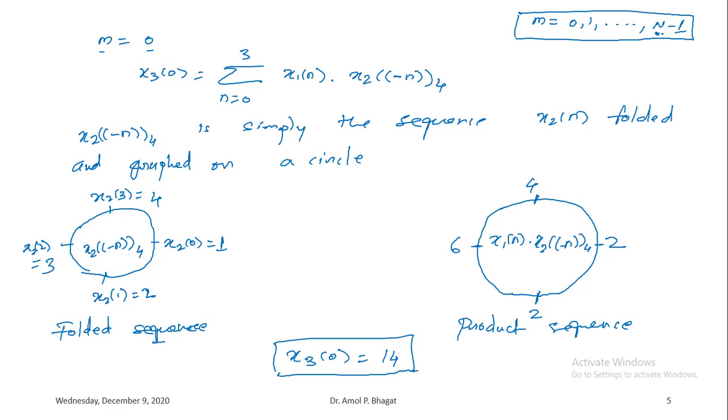Next we will write down the formula for m equals 1. So for m equals 1, we have x3 of 1 equals summation n equals 0 to 3, x1 of n as it is.